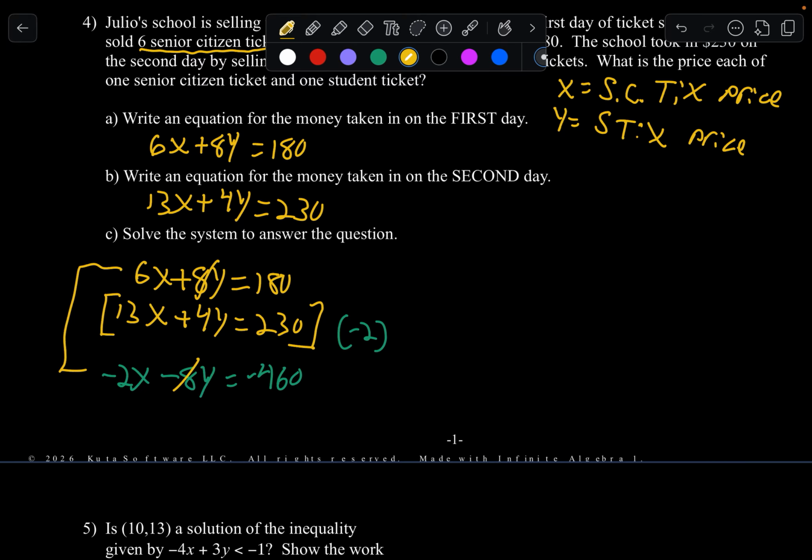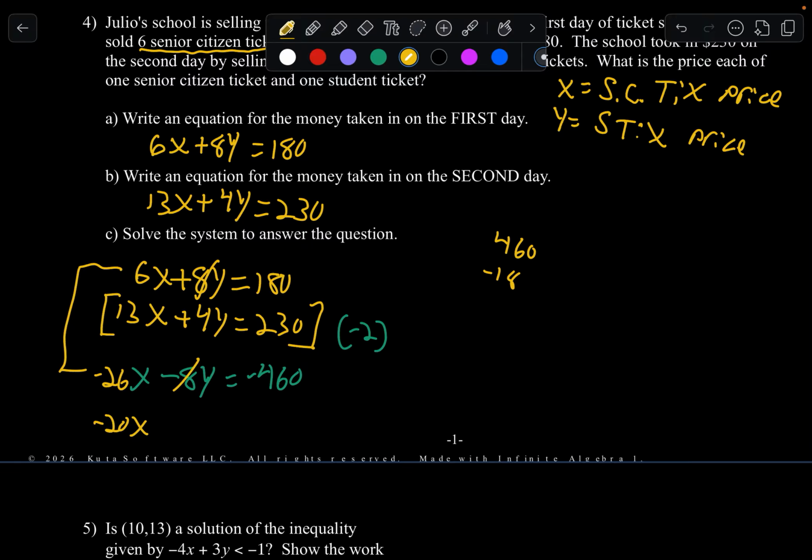We're left with 6x plus a negative 26x. I wrote negative 2x by mistake, sorry about that, because negative 2 times 13 is negative 26. So 6 plus a negative 26 is negative 20x. And then we have 180 minus 460.